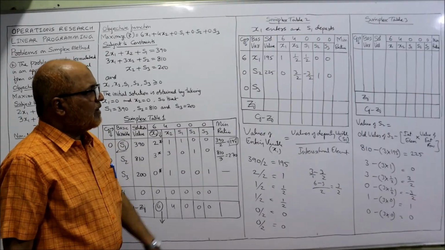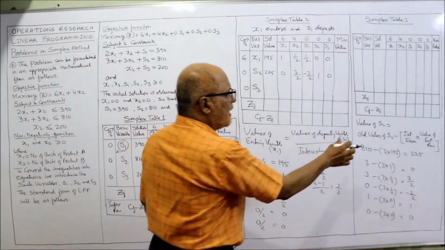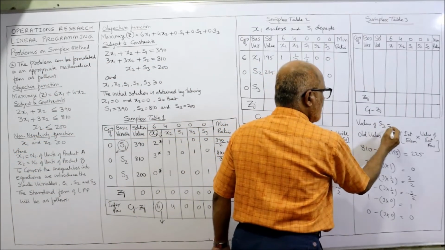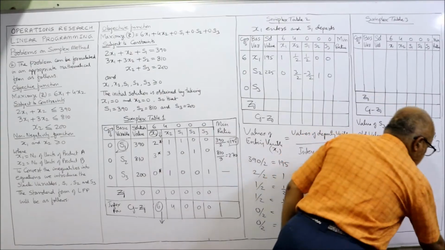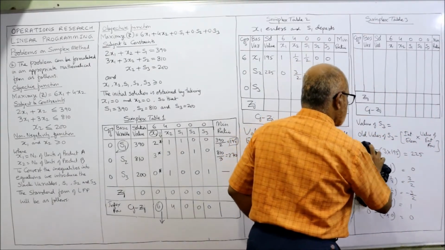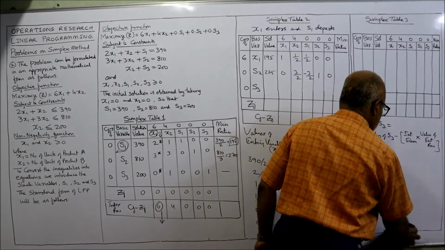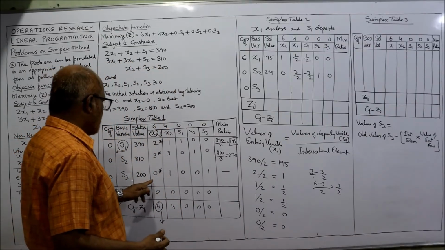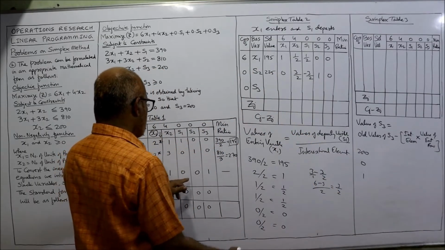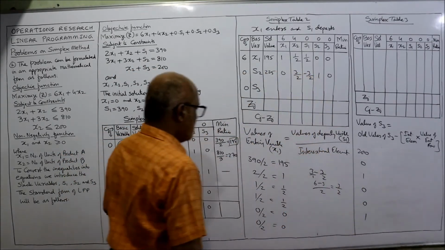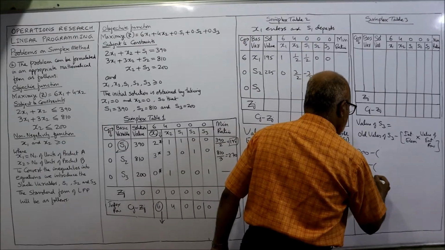Over. Now we need the values of S3. To find the values of S3, the same procedure we have to follow. New values of S3 are the old values of S3 minus the intersectional element into the values of the entering variable. Old values of S3 are 200, 0, 1, 0, 0, 1, minus the intersectional element.